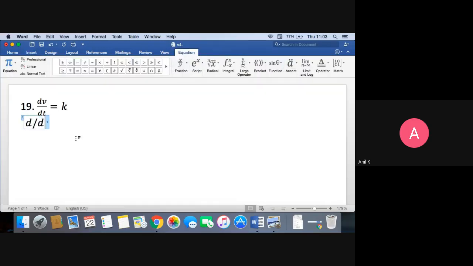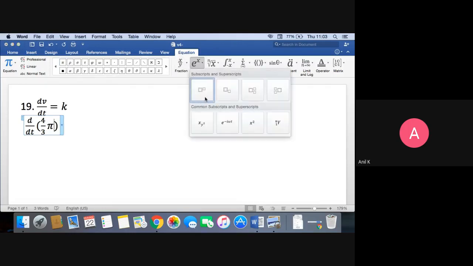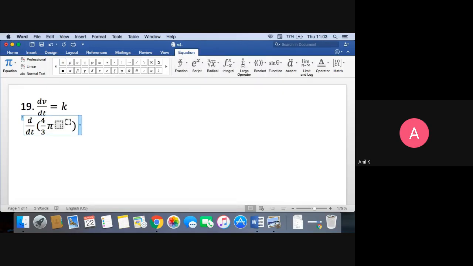So d by dt of volume, I am replacing V with the volume formula, 4 by 3 pi r cube, which equals k.